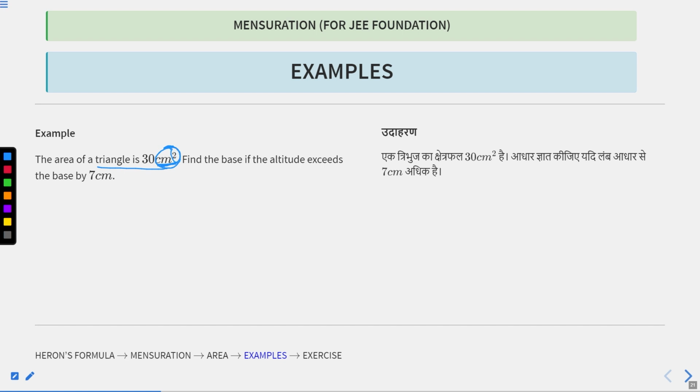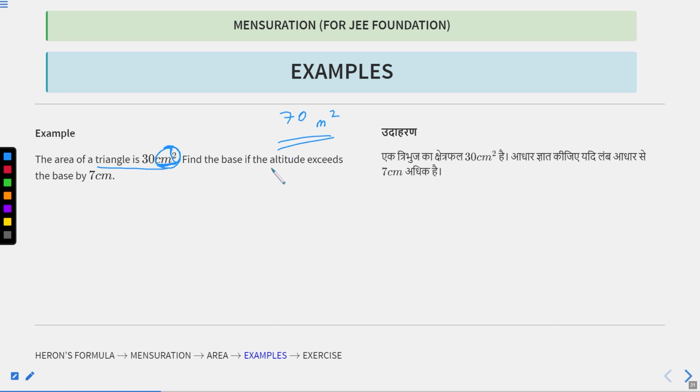The square means we are talking about area. Whenever someone says 70 meter square, he is talking about the area of something. So here the area of the triangle is 30 centimeter square.